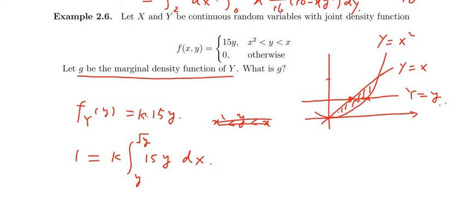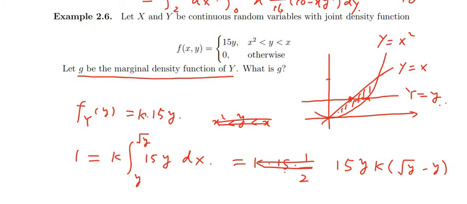So this integration is k times 15y times, oh I'm sorry, this integration is about x. y is fixed, so be careful here. y is constant, so this is 15y k times radical y minus y, and this equals 1.